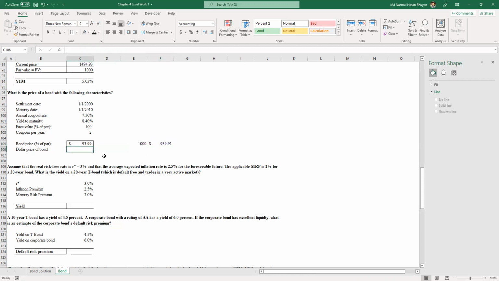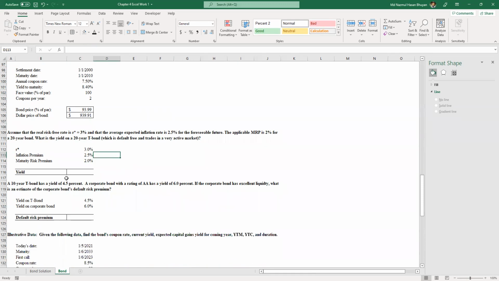So one shortcut way to get dollar price of the bond here is this times 10. You can see you get the same value. Or you can just put this way, 1,000, the face value of the bond, 1,000 times this percentage. It is up to you what approach you're gonna follow.